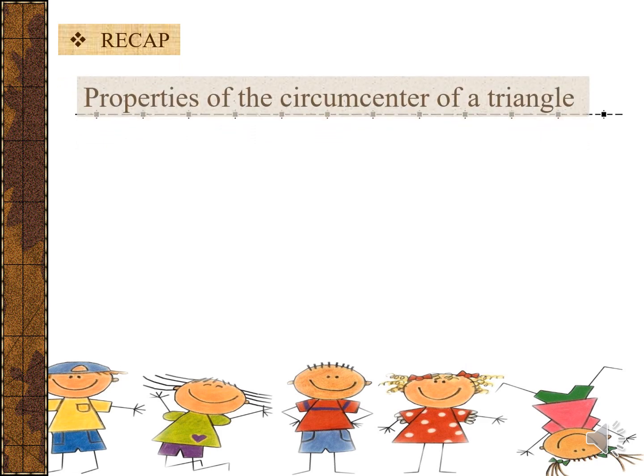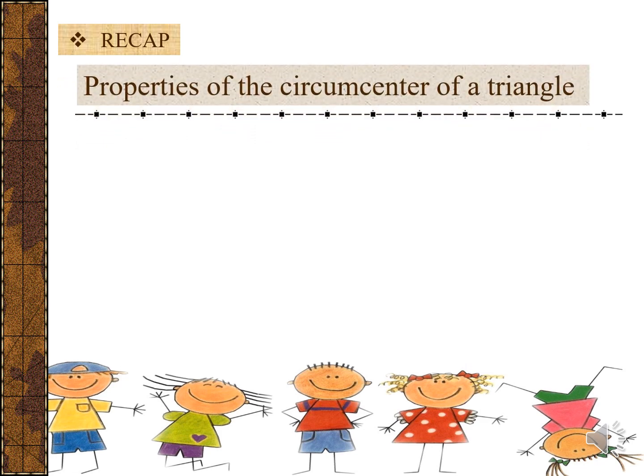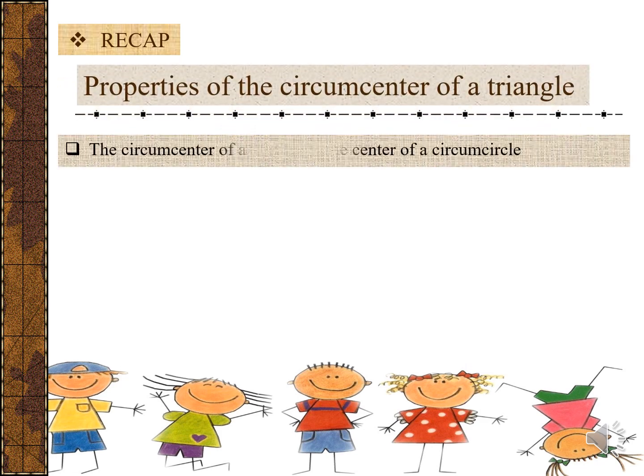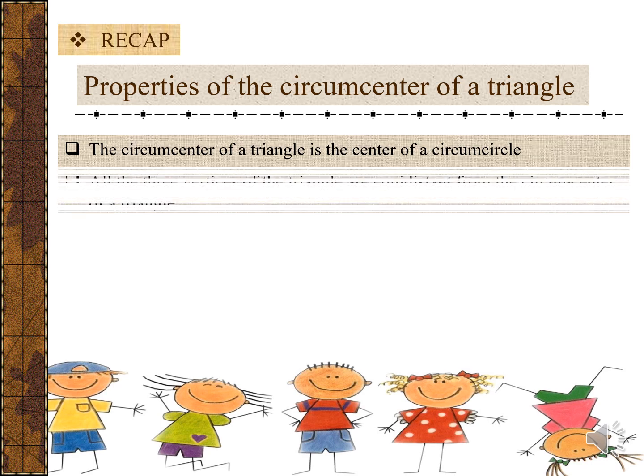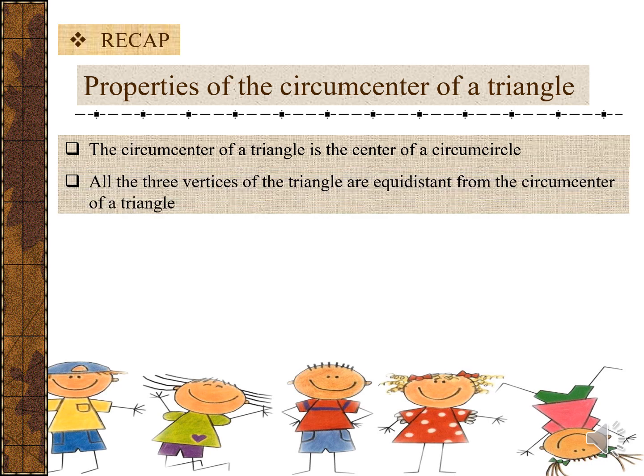In recap, properties of the circumcenter of the triangle. We already discussed that the circumcenter of the triangle is the center of the circumcircle. Also, all three vertices of the triangle are equidistant from the circumcenter.